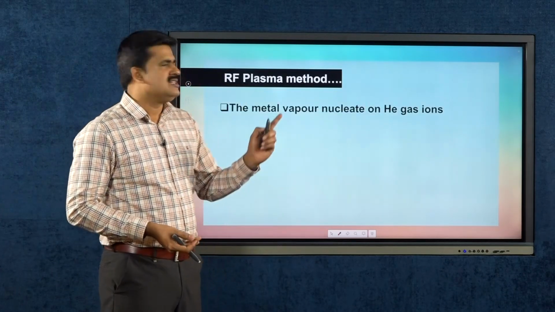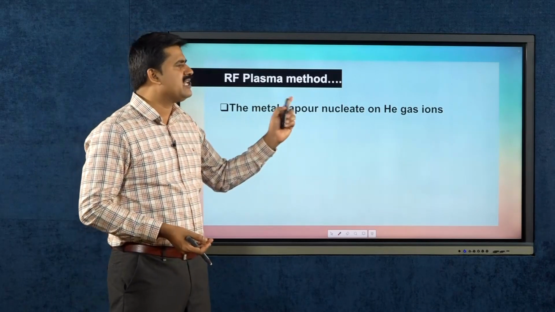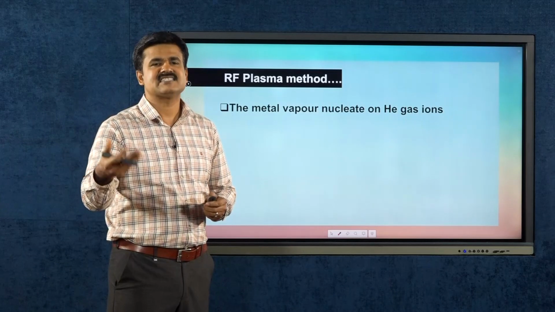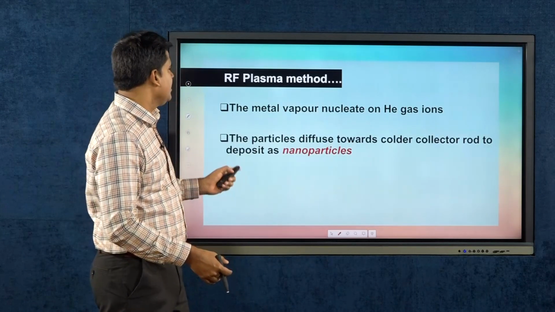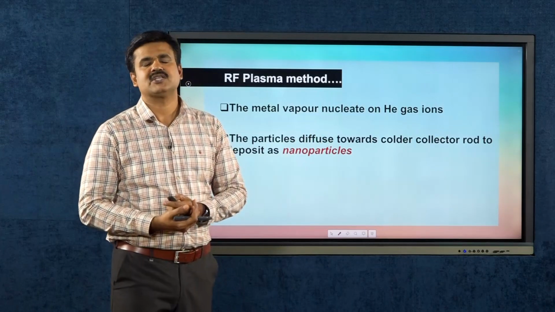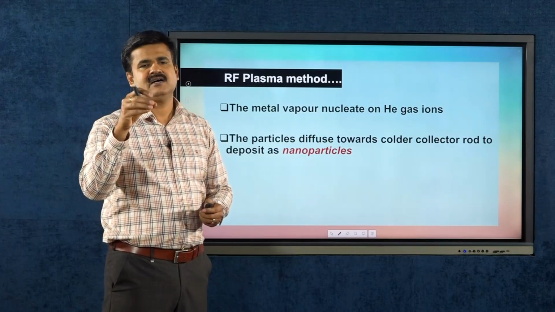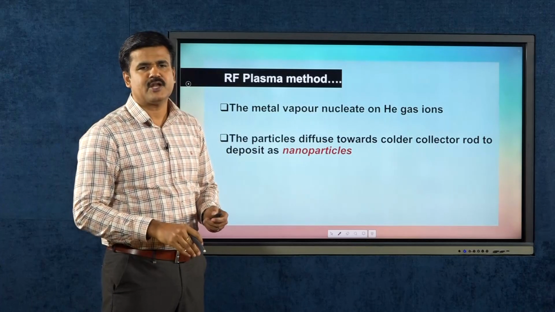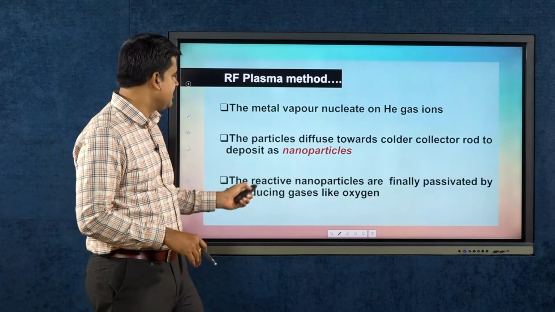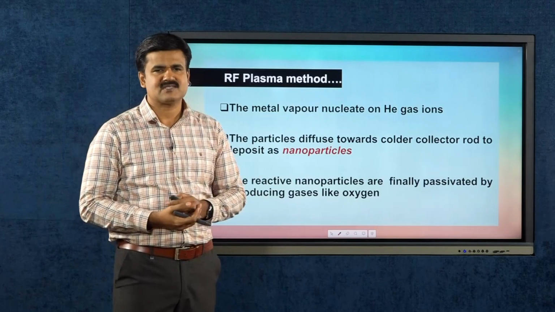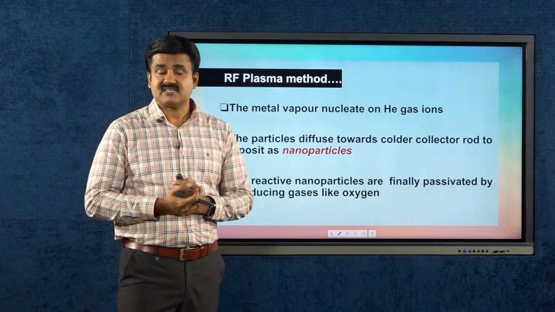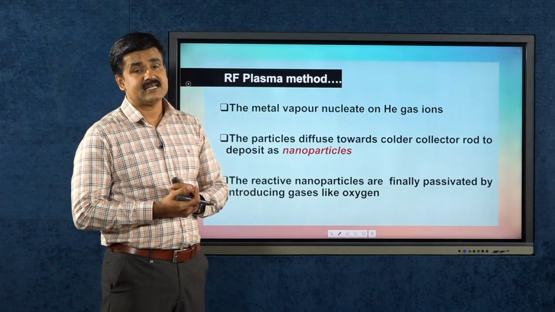Now, the metal vapor nucleates on helium gas, this is the procedure during condensation and vaporization. The particles diffuse towards the collector rod. I already mentioned the collector rod where the vapors deposit as nanoparticles. The reactive nanoparticles are finally passivated by introducing a gas like oxygen. This one is most important. You know the fact that nanoparticles are highly reactive.